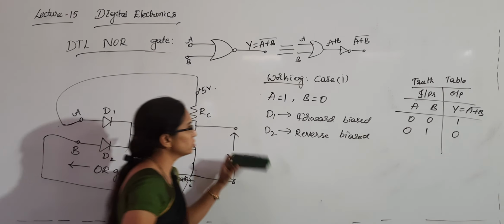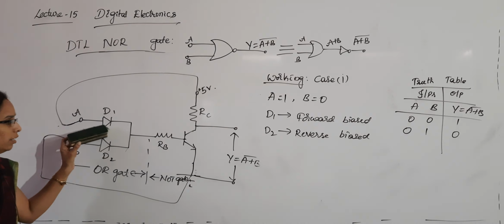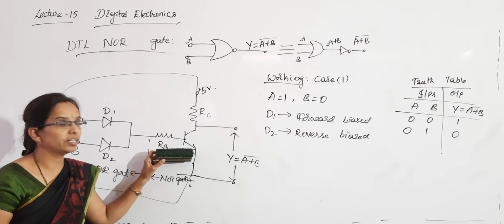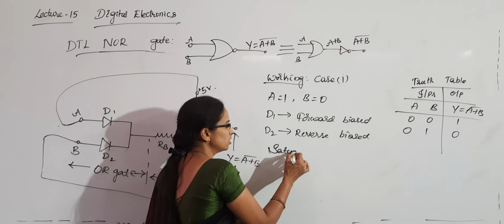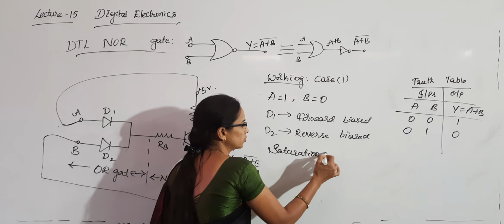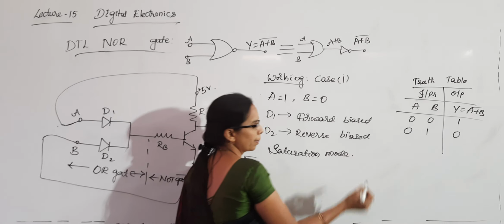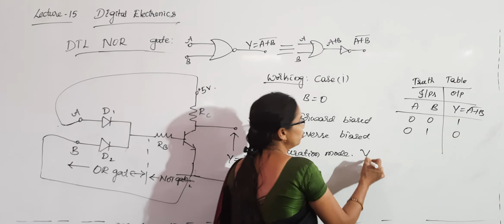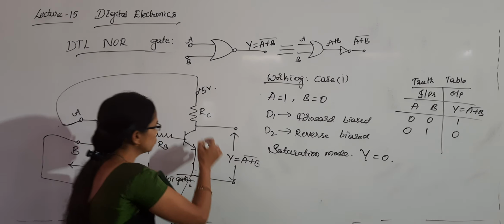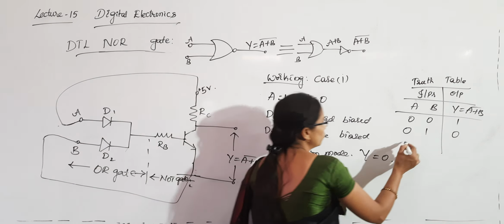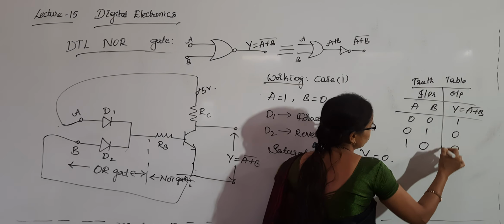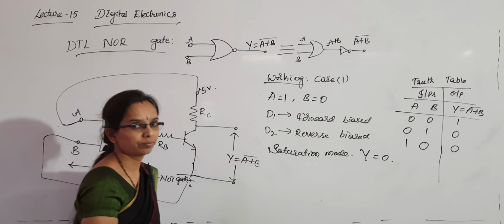So current flows through D1, RB and enters the base of the transistor. The transistor will be turned on and reach saturation mode. Therefore the output is equal to 0 because no voltage appears across the output. When A is equal to 1 and B is equal to 0, the output will be 0.